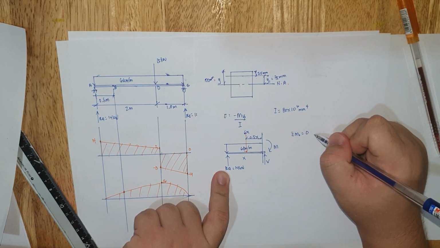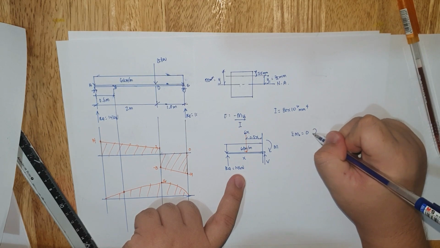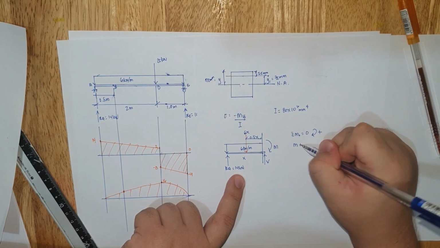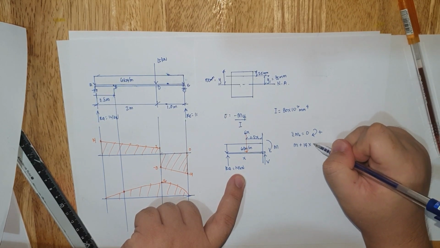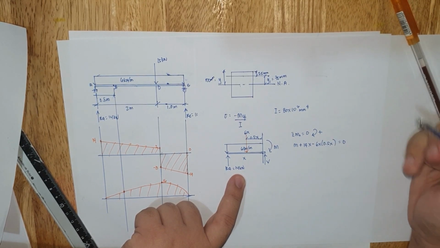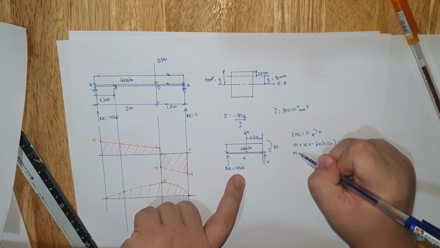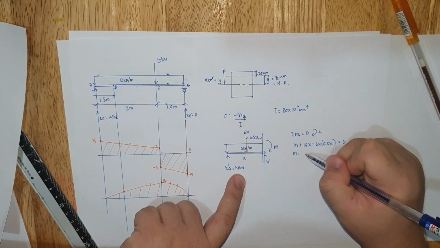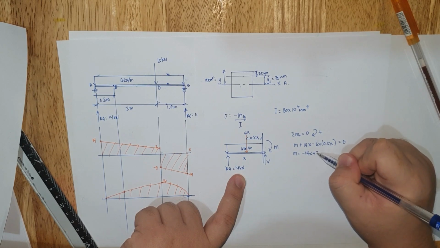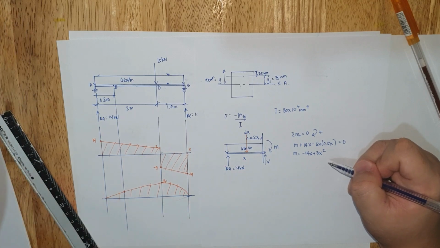So, taking clockwise as positive na lang tayo. So, we have M plus 14x minus 6x times 0.5x is equals to 0. So, simplify natin. So, we have M is equals to negative 14x plus 3x squared. Okay, so ito yung value ng moment.